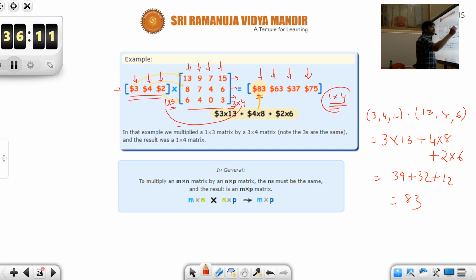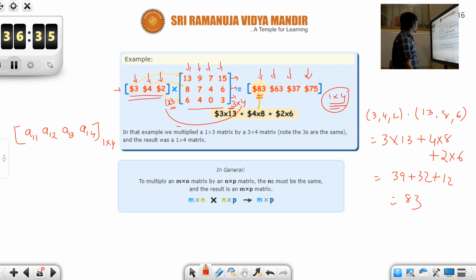Once you know the order, that is 1 by 4, you will have a matrix with 1 row and 4 columns, which means 4 elements: A11, A12, A13, A14. Isn't it?